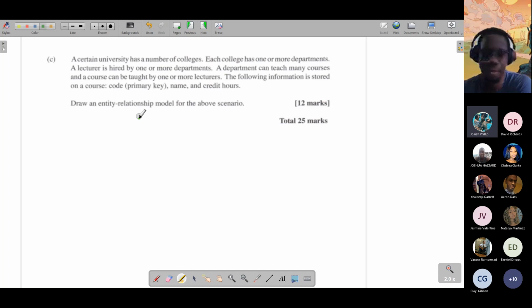Anybody, you can tell me what you feel the entities are. So the lecturer. Okay, that's the first entity that you show as an entity.